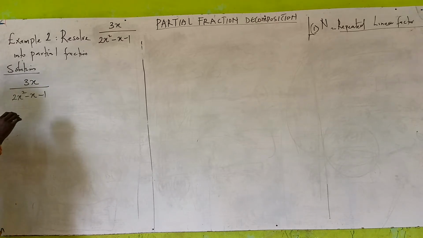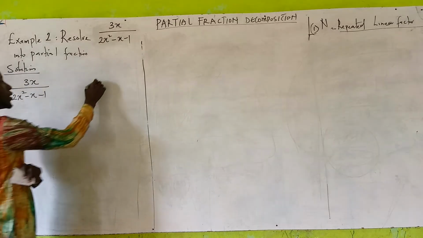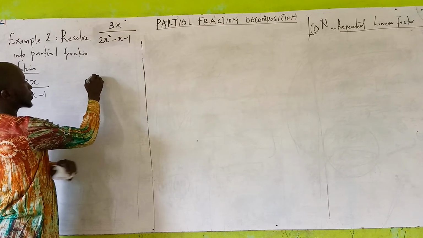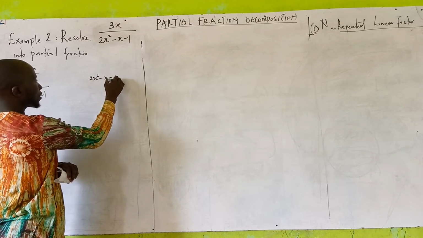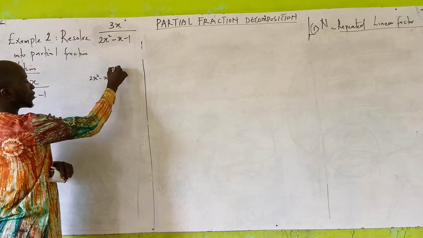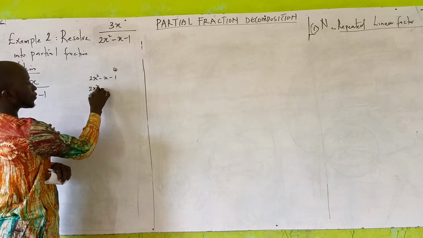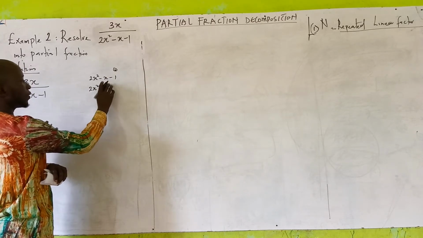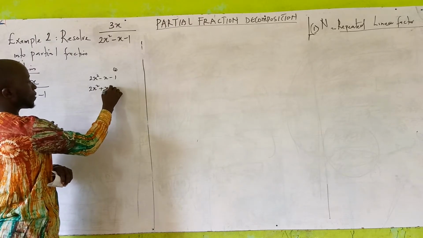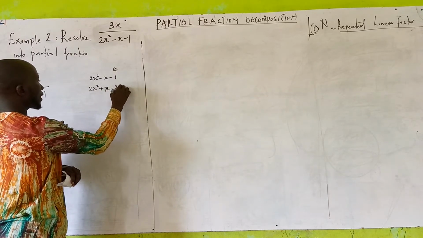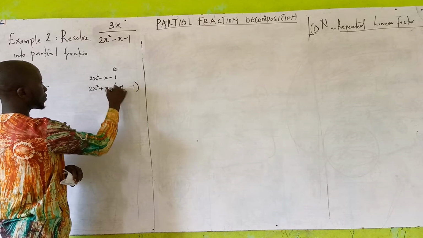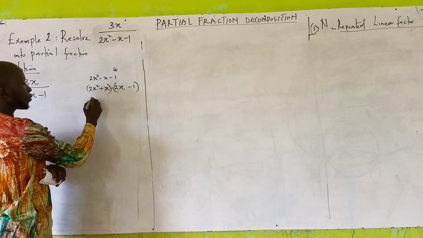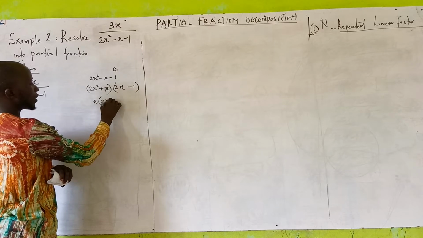And if you look at it very well, this is 2x squared minus x minus 1. We can treat this as 2x squared plus x minus 2x, then we have a minus 1. x is common here, we have x into bracket 2x plus 1.